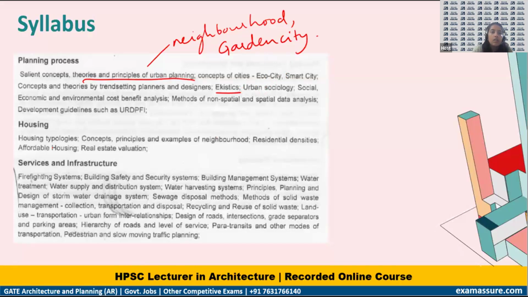Housing typologies, concepts, your valuation, housing densities, affordable housing. Now here, your most important, your schemes like PMAY, which talks about affordable housing for all. Knowing these schemes is important. या फिर कुछ affordable housing पे question आ गया, तो you can quote this scheme as an example.